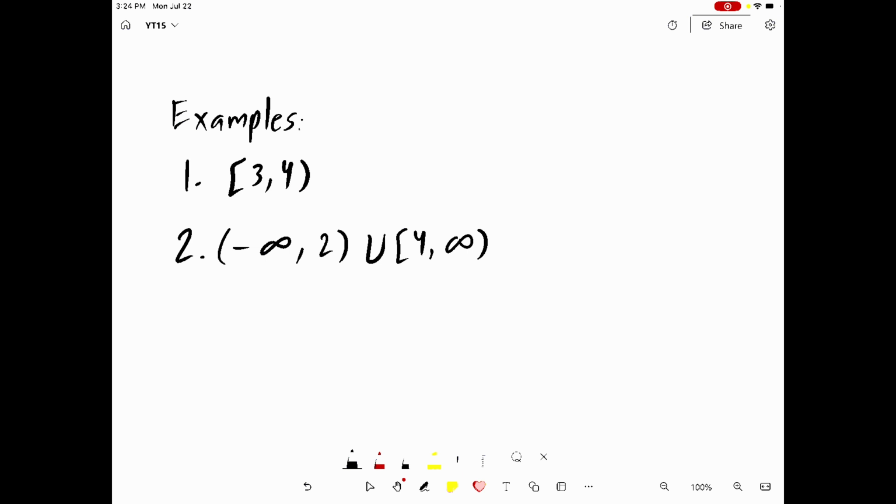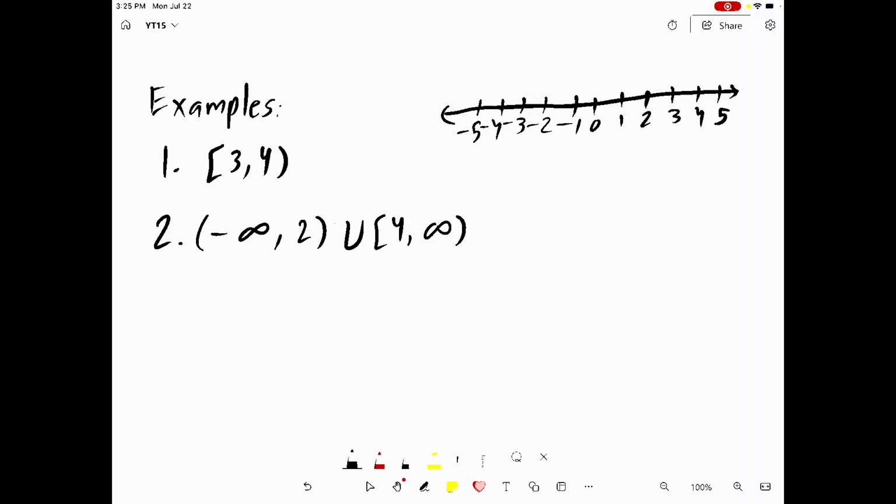For our second example, we have a union, which basically means "or," and we're just going to start with the number line. What we have here is a completed number line, and of course, I'll use the red pen for graphing, just to make sure you can see it more clearly. Since we have a parenthesis on the right side for 2, it's going to be an open point, and we're just going to draw the line all the way to the left with an arrow to show that it goes all the way down to negative infinity.